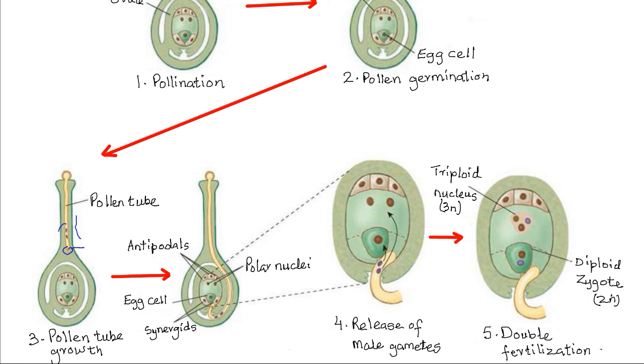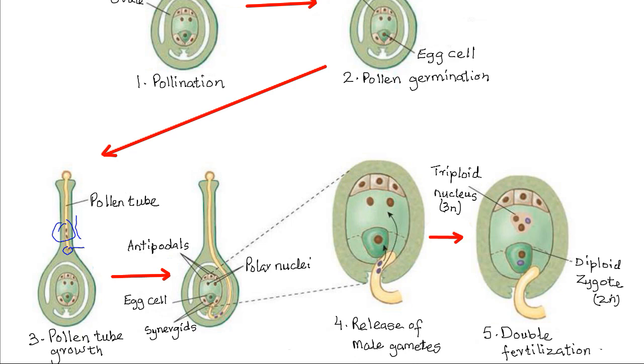Now, the two male gametes or nuclei are the functional male gametes. The tube nucleus's role is to direct and control the development of the pollen tube. The style provides the nutrients for the growth of the pollen tube towards the ovary.